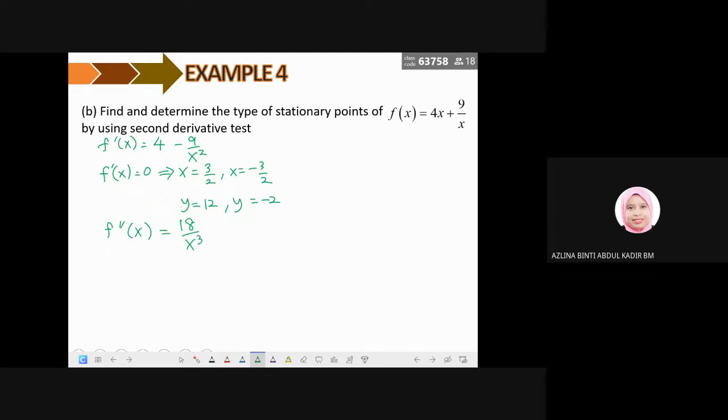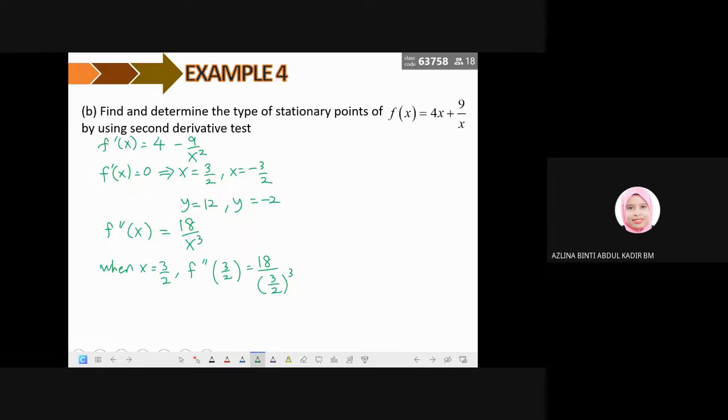Okay, then substitute when x is equals to 3 over 2, so f double prime 3 over 2 is equals to 18 over 3 over 2 cube. So we get berapa?